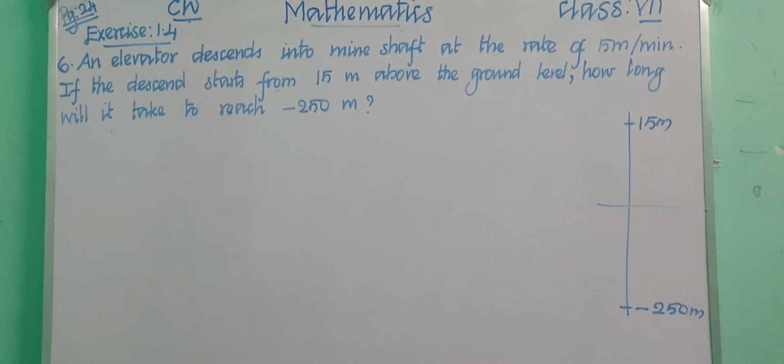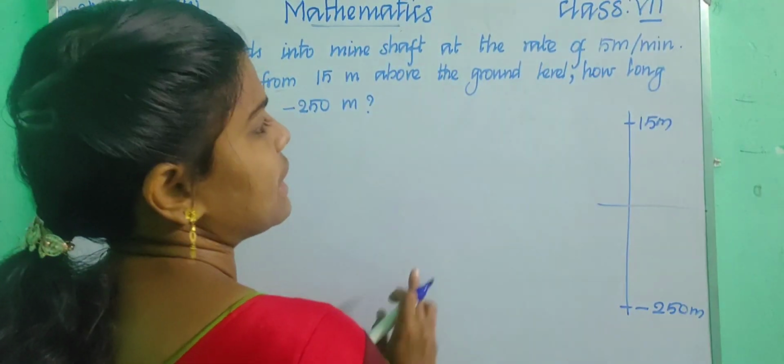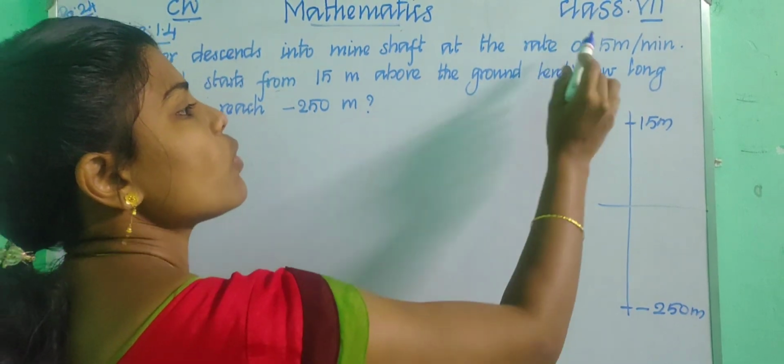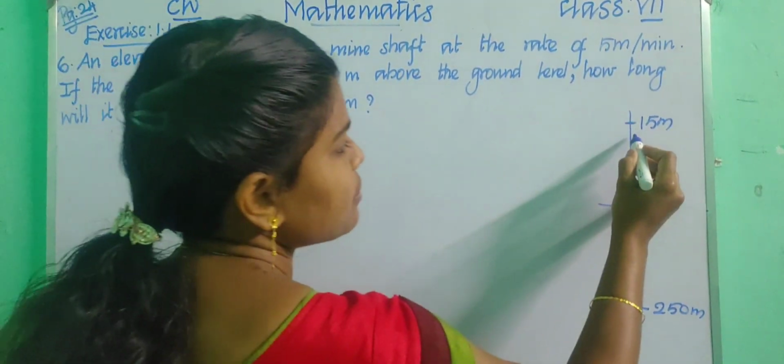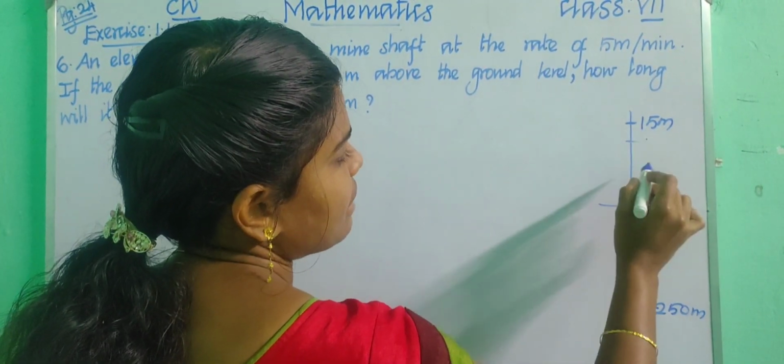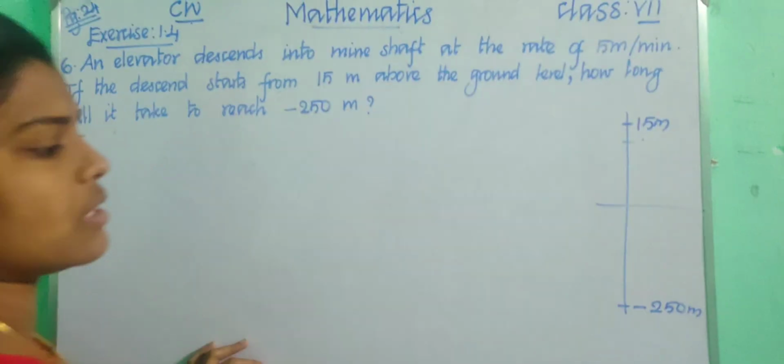So they are working in a mine shaft, that is Churangavele, okay children. In that mine shaft we are using a lift, working at the rate of 5 meters per minute. For the first minute it moves 5 meters, for the second minute it moves another 5 meters, okay children.